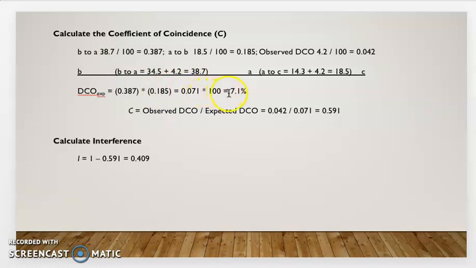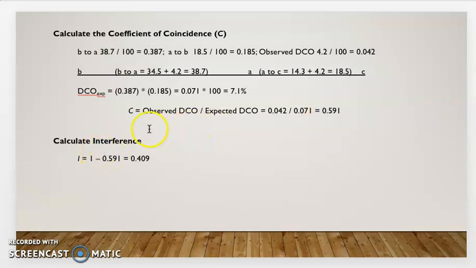Now multiply that by 100 and we get our 7.1, which we will then use with our observed double crossover events, divided by that number, and it comes out to 0.591.